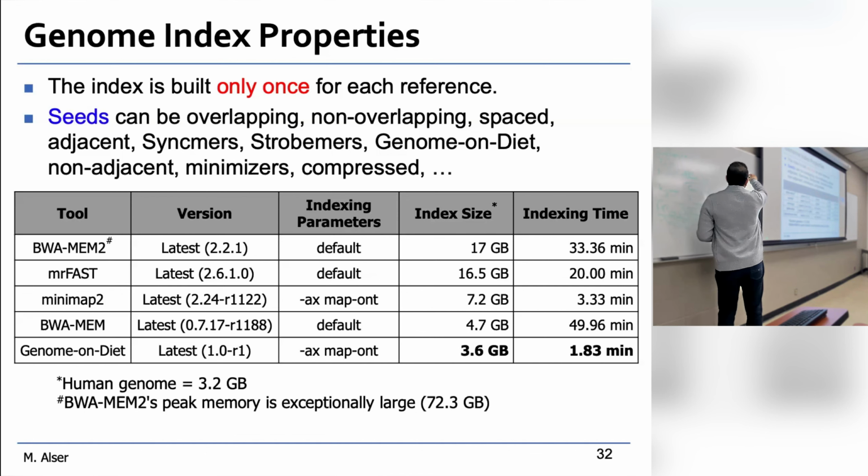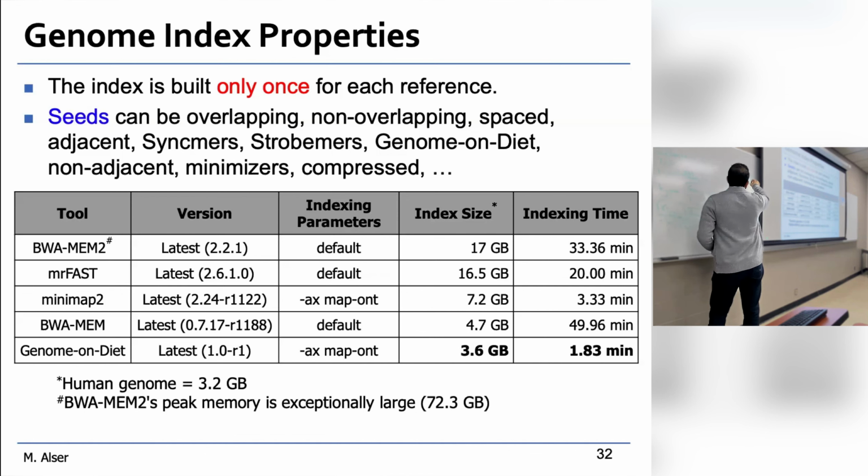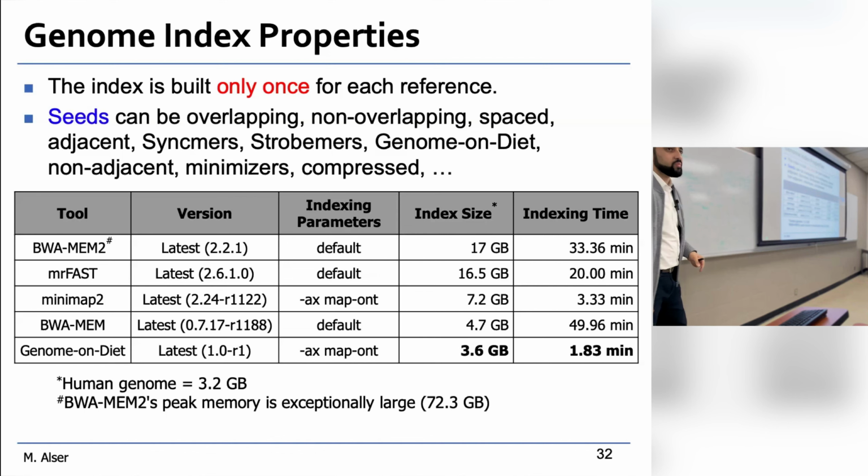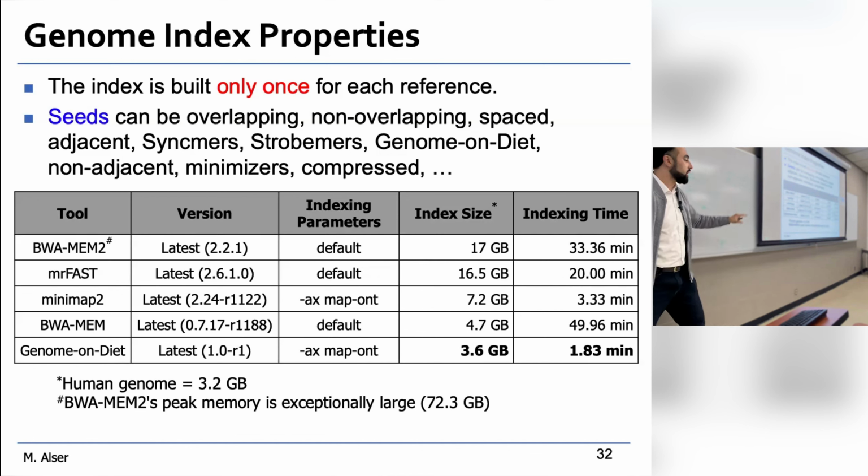That's why we said n minus k plus 1: n characters we have here, minus k, plus 1 to adapt for the last character. So in the case of overlapping seeds, we have n minus k plus 1 seeds to extract.